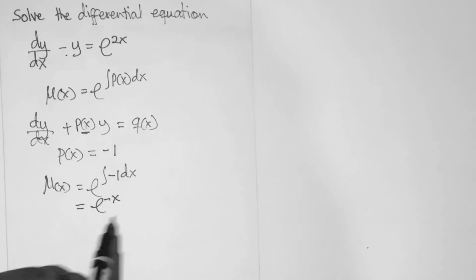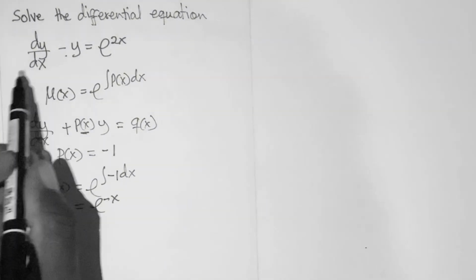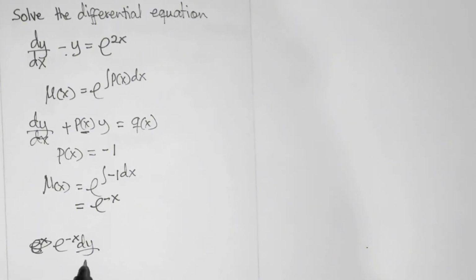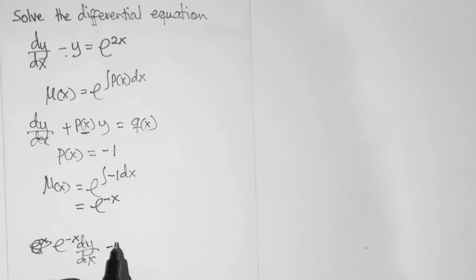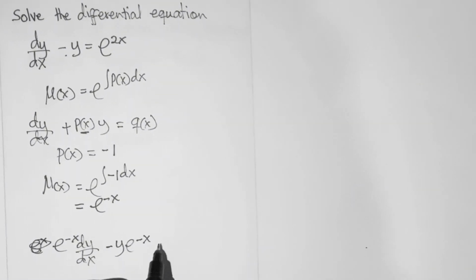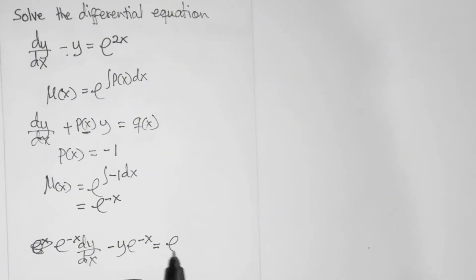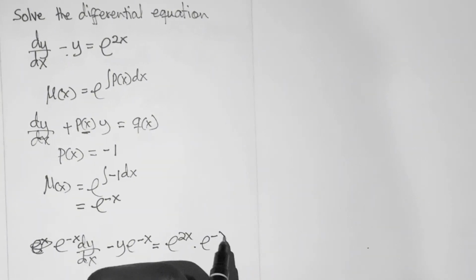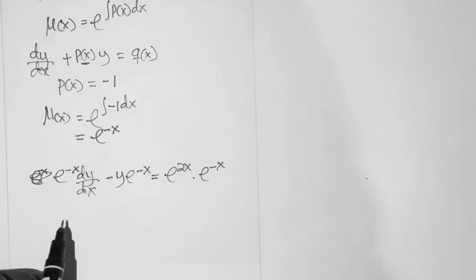Having gotten this integration factor, let's multiply through by it. The differential equation becomes e^(-x) dy/dx minus y e^(-x) equals e^(2x) times e^(-x). Now let's do something here.